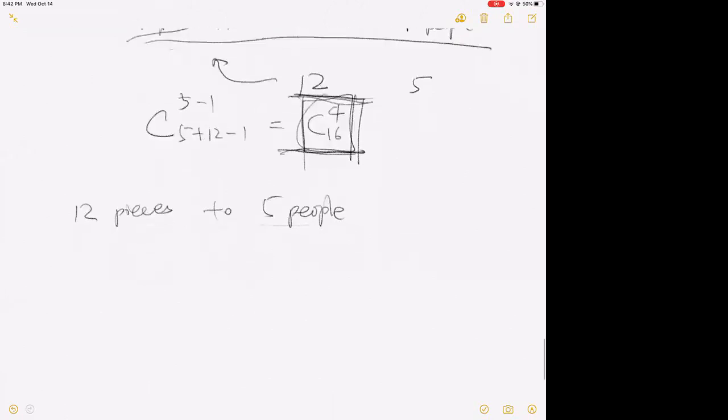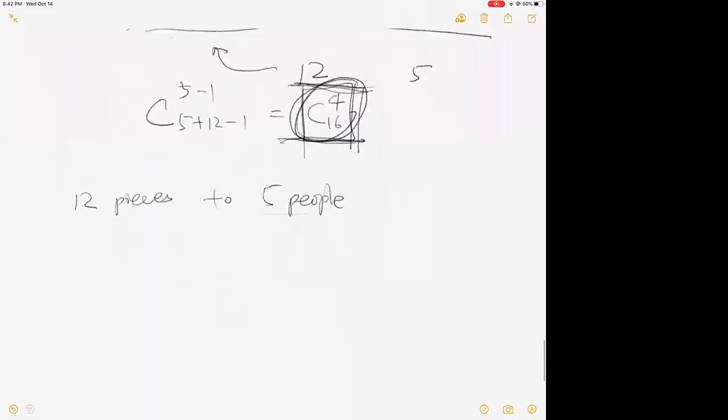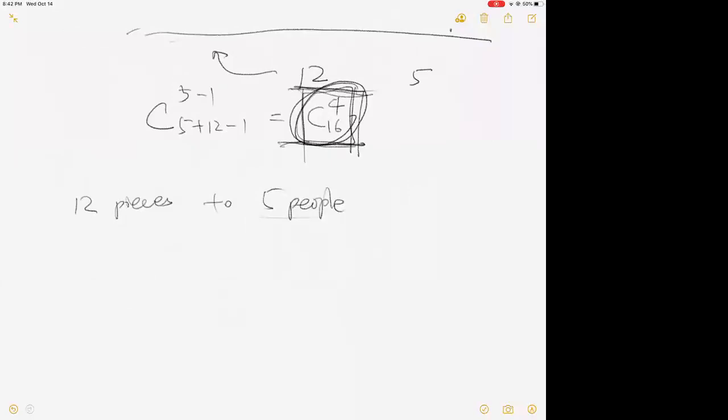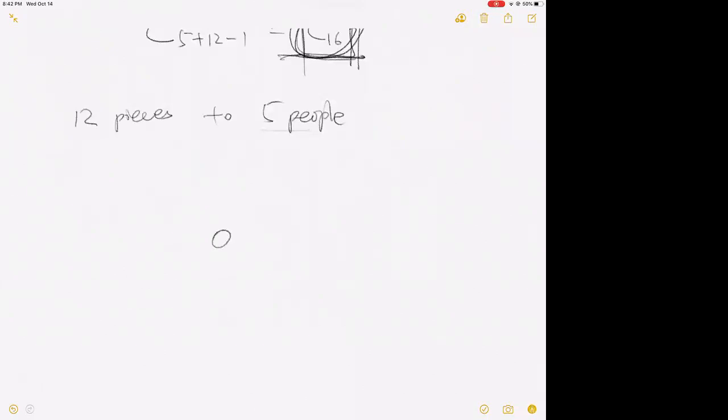Okay. Anyway, I still need you guys to explain why it is 16 choose 4. Go ahead. Because there's 11 spots, and then there's 1 on the edge, and then there can be 4 in the same spot, so it's just 12 plus 4. Kenny? Okay, so there are 11 gaps between the mooncakes, and then there are two edges.